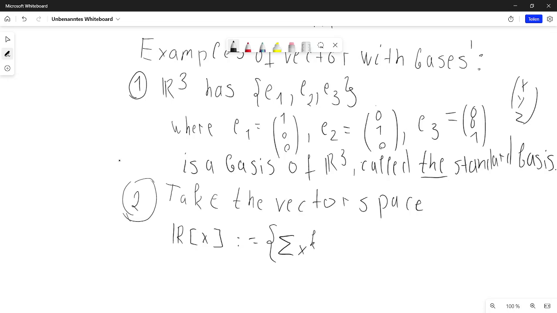We can define it rigorously, but for now it's just a formal sum. You just write it as a sum. You could also write it out, where n is taken to be, sorry, of course it begins at 0. We allow constant polynomials, of course. Right, n is in N.